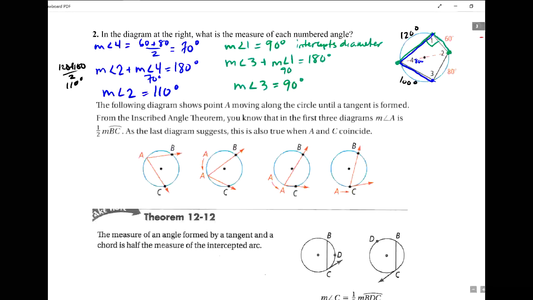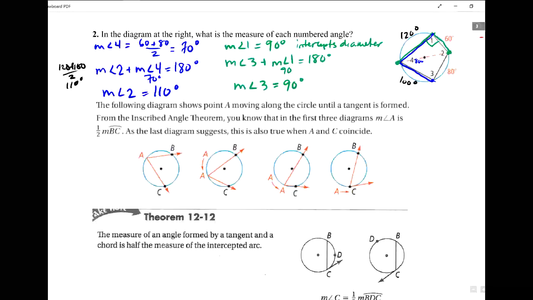Or we have our corollary that says that opposite angles are supplementary. So I know that the measure of angle 2 plus the measure of angle 4 is 180 degrees. Angle 4 measures 70 degrees, and I get angle 2 is 110. So either way that works. And then I move on to angle 1. I see that angle 1 intercepts a diameter. It's a semicircle here, and so I automatically know that it is a right angle.